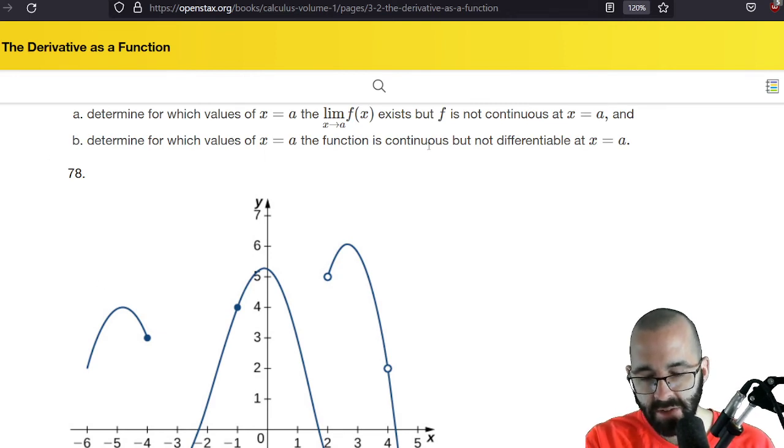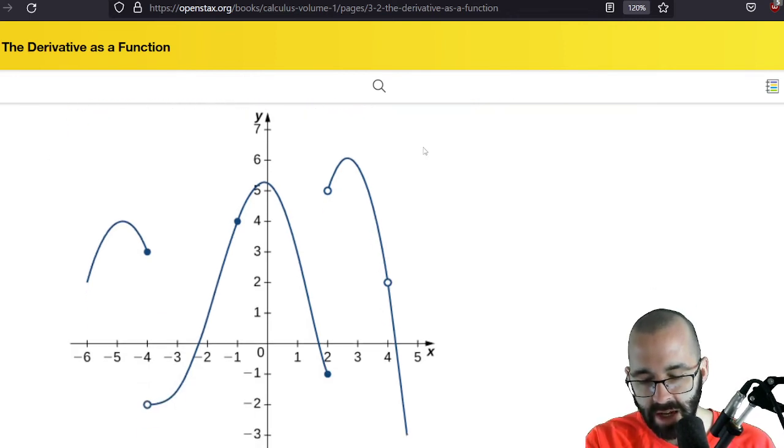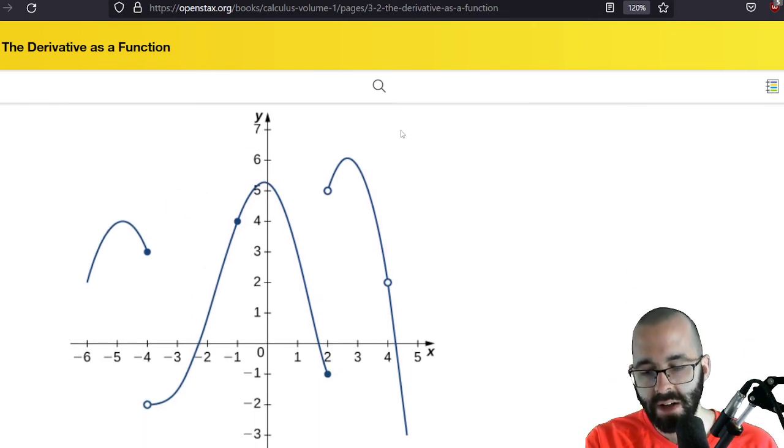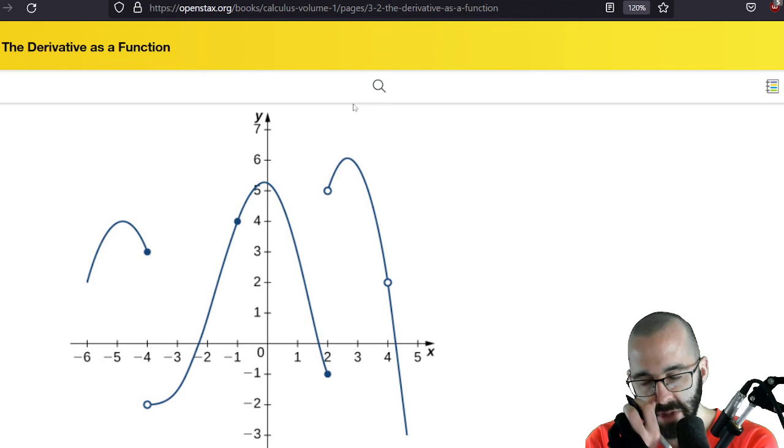Determine which values the function is continuous and not differentiable. So what values is this function continuous and not differentiable? Differentiability implies continuity, but the other way around is not true.